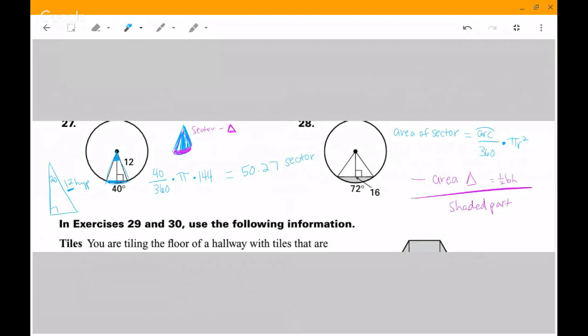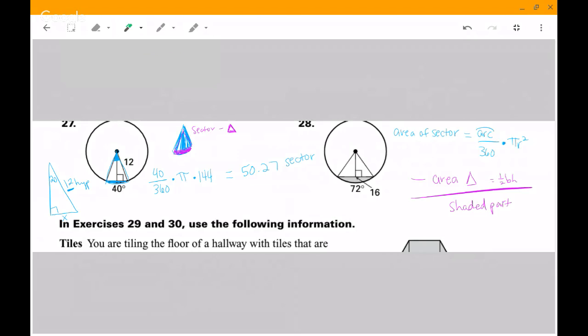Are you trying to find the base, you said? So I'll make that X. If you're trying to find that, which one would it be? Cosine. I mean, sine. There you go. Opposite and hypotenuse. So the sine of 20 equals opposite over hypotenuse.